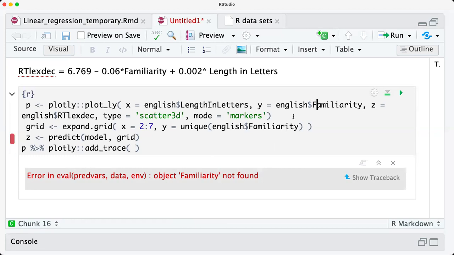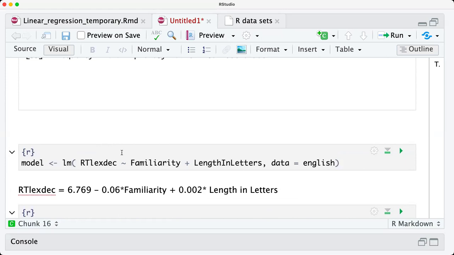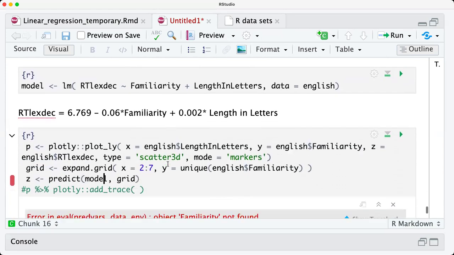Okay, I have to call things correctly: X was familiarity, sorry, while the Y was the length in letters.